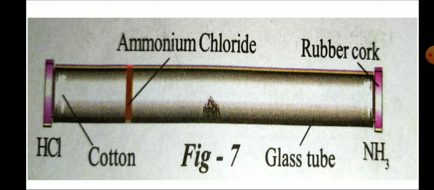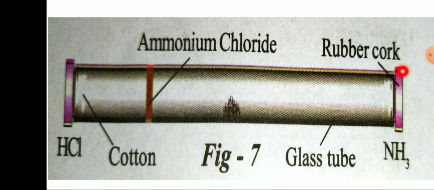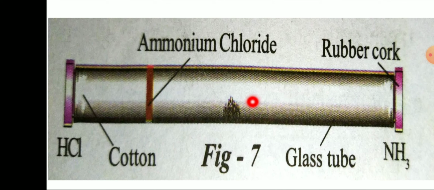So children, observe the diagram carefully. From ammonia it is traveling like this, as well as from HCl it is traveling like this. You see the distance from HCl to this particular point is very short, whereas from ammonia the distance is much longer.